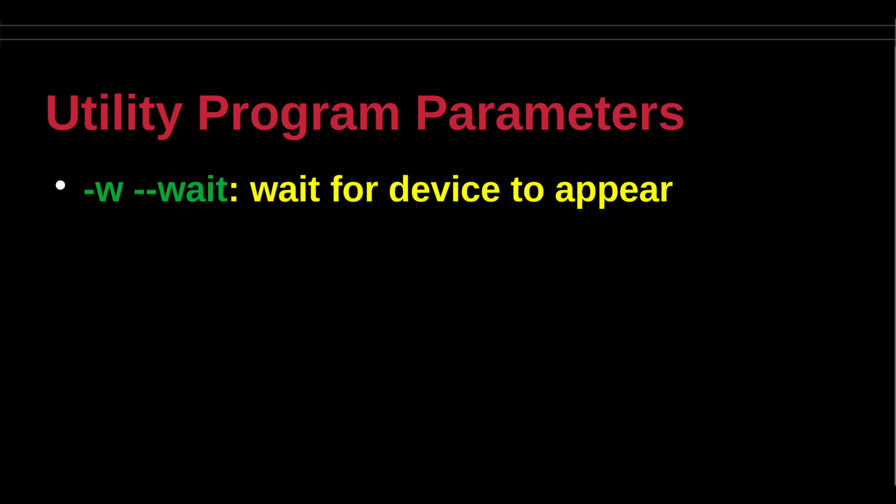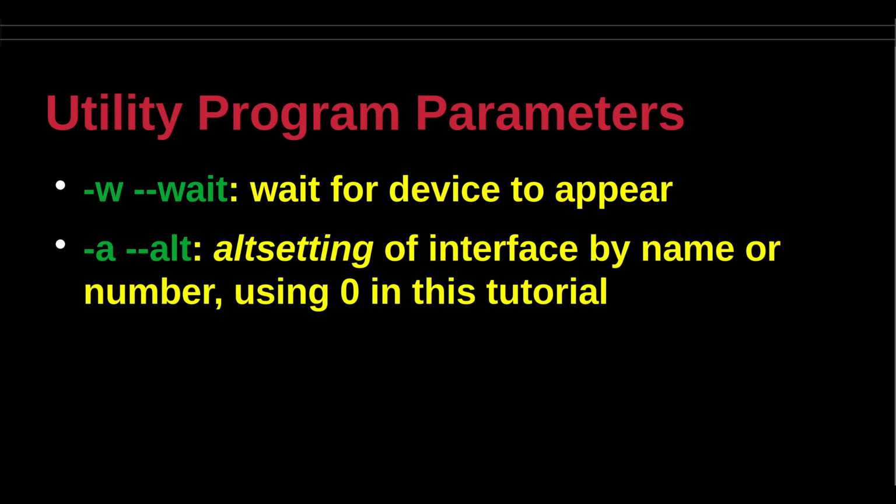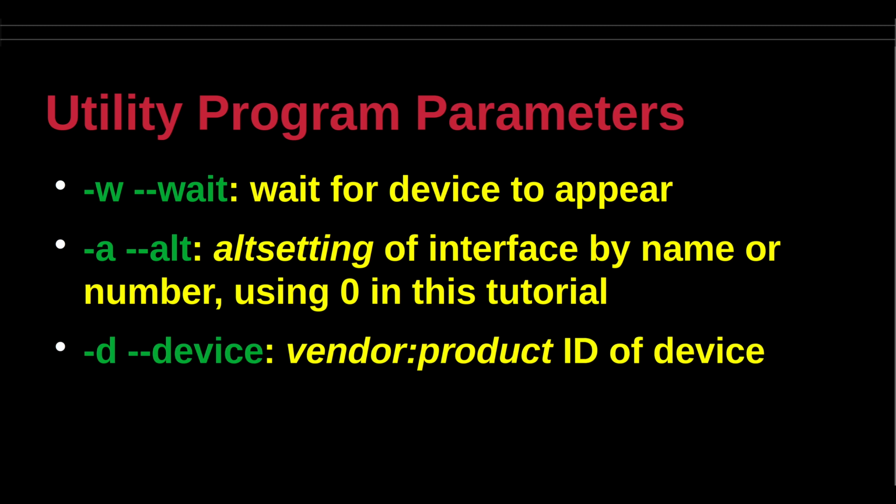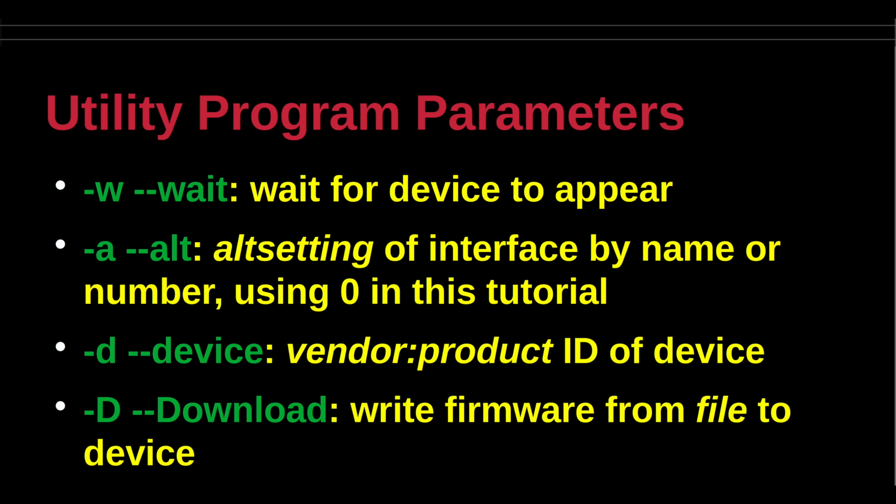The parameters for the utility program are self-explanatory to some extent. The wait parameter is optional. The alt setting is set to 0 for the first partition on the board to be flashed. This number directs the utility program to select the appropriate GIGA board partition if more than one partition is present. The boot partition is generally 0.